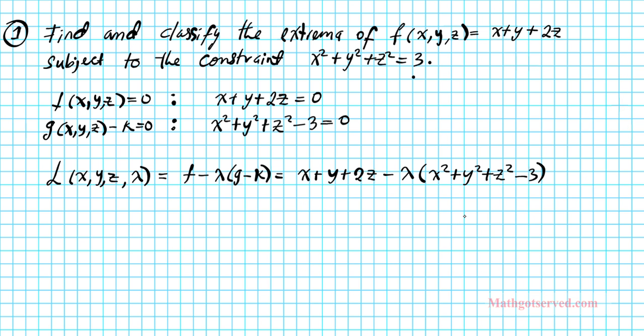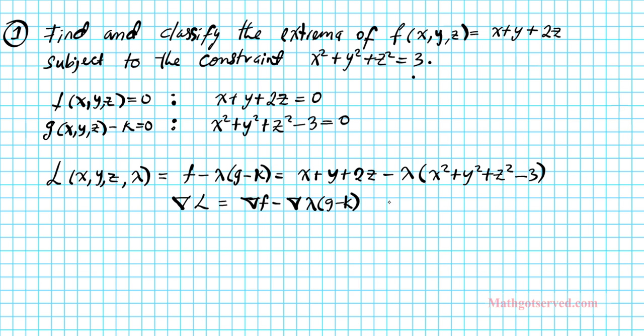Now this L function is what we're going to use to set up our system of equations. So what we're going to do now is take the gradient, the partial derivatives of L, which is the partial derivative of f minus the partial derivative of lambda times g minus k.